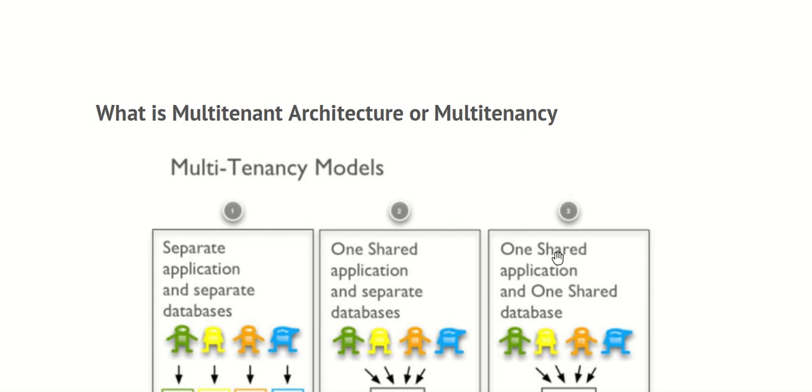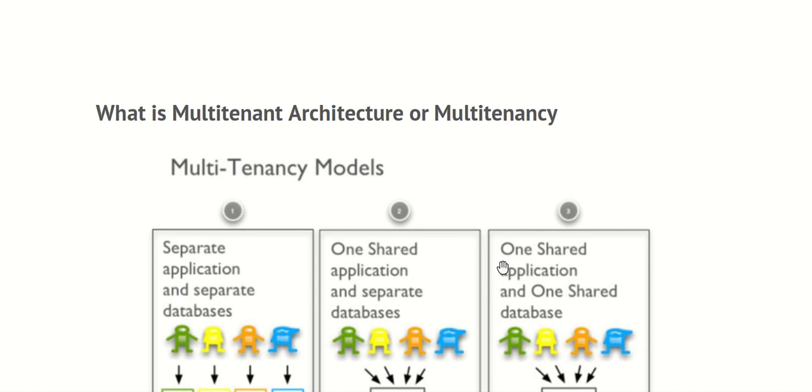So in today's session, I'm going to explain multi-tenancy, or multi-tenant architecture. Okay, so let's go through that. Do remember that multi-tenancy is a combination of software as a service, infrastructure as a service, and platform as a service.